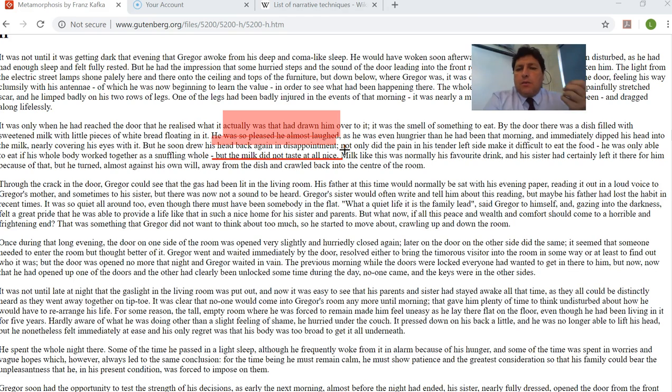Milk like this was normally his favourite drink, and his sister had certainly left it there for him because of that. His sister is familiar with his way of being. She is familiar with what he likes. Therefore, she is familiar with his character.